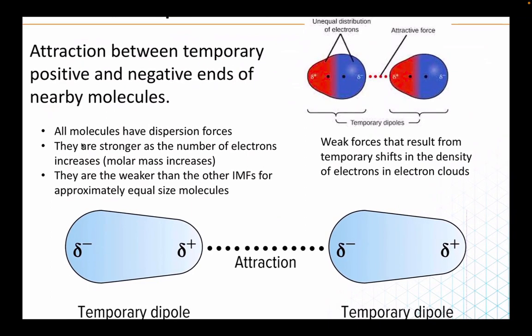So it's a temporary dipole, but the attraction is always between one molecule's negative side and the other molecule's positive side. And these get stronger as the molar mass, which is the mass of the molecule, increases, because you're going to have more electrons.